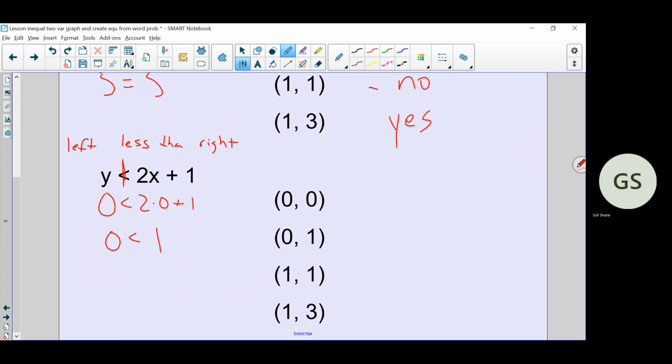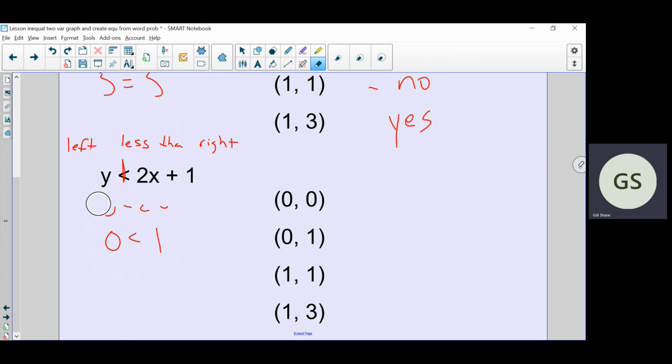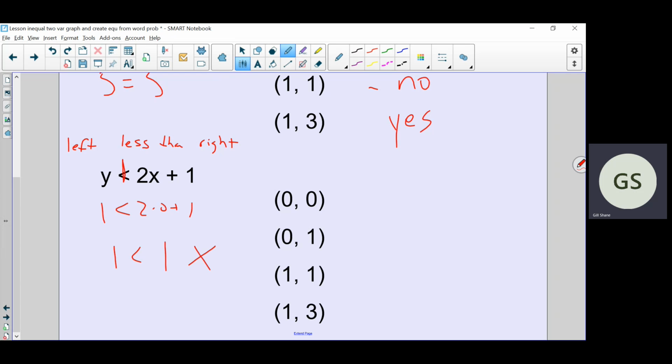Because when we plug in 0 and 1, we get 1 here. Is 1 less than 1? No. Now all of our solutions are flipped, basically. This is now not a solution, which means every single thing we did up there, that is, that isn't, that is, that isn't.